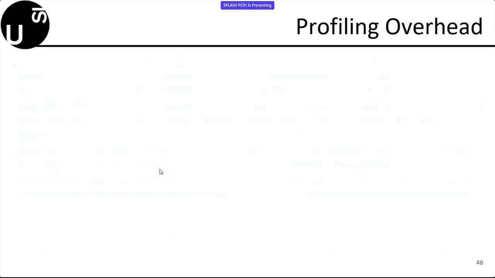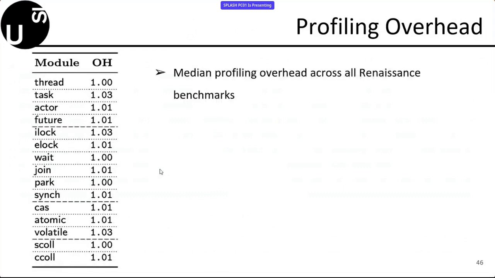I would like also to focus briefly on the profiling overhead of our suite. The overhead was also measured on Renaissance, and in particular, the table reports the median profiling overhead for every module across all the Renaissance benchmarks. And again, this median was taking into account 20 steady-state iterations.